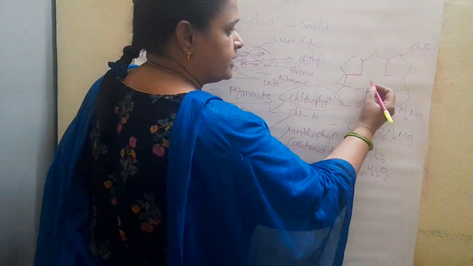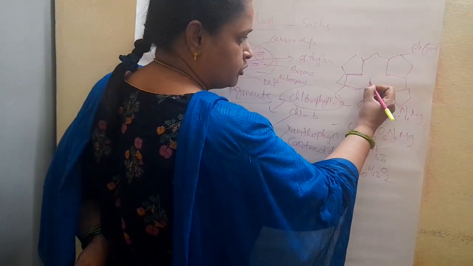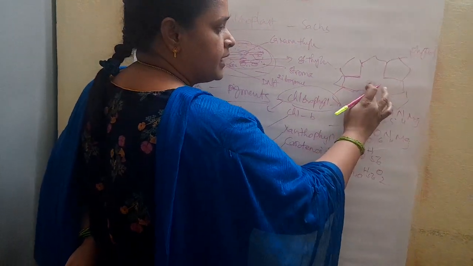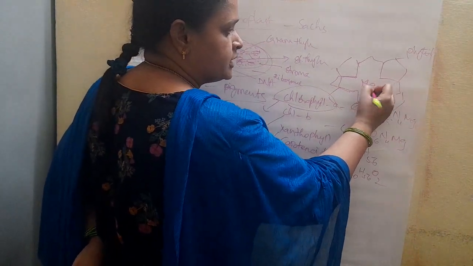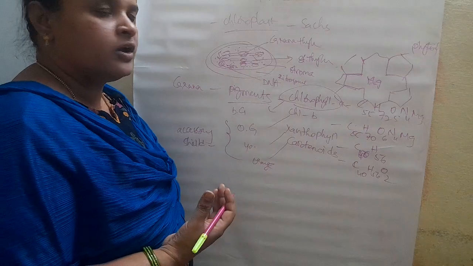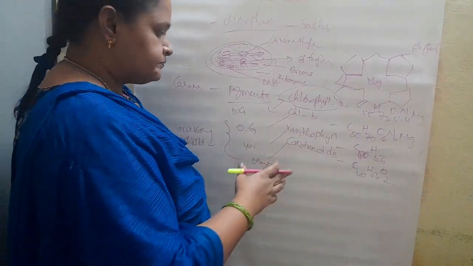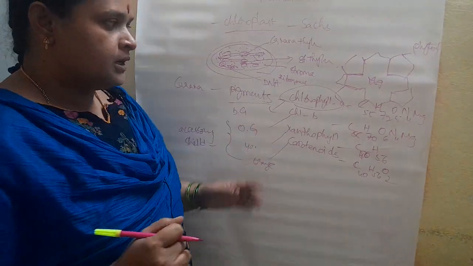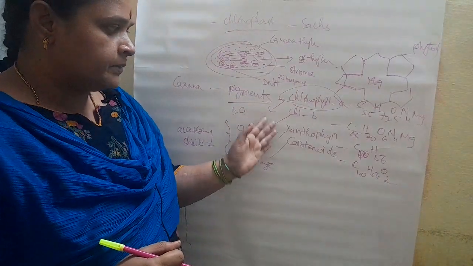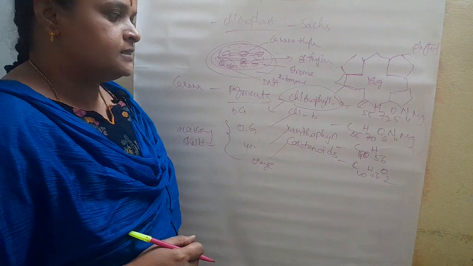In hemoglobin an iron molecule is there, but in chlorophyll it has magnesium. So magnesium is the center ion of the chlorophyll molecule. These are the pigments: chlorophyll A, chlorophyll B, xanthophylls and carotenoids.